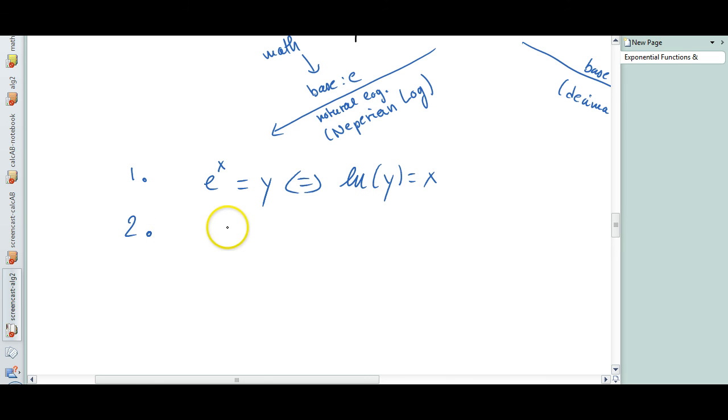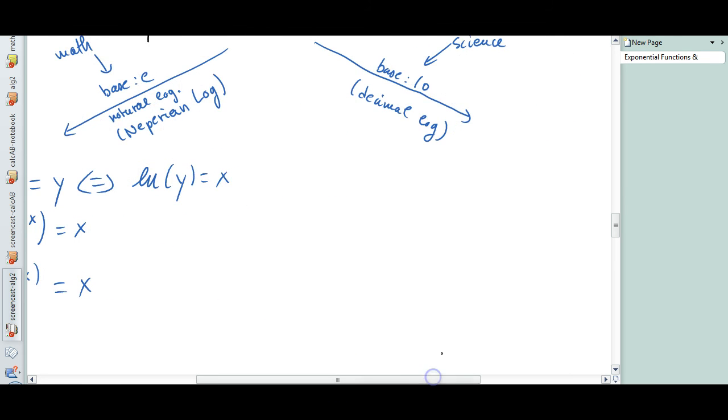Second property, if you have an exponential base e and you put that into a log base e, you just find x. Third property, if you take an input and you put it in a log base e and you throw that into the exponential base e, you find x, okay?